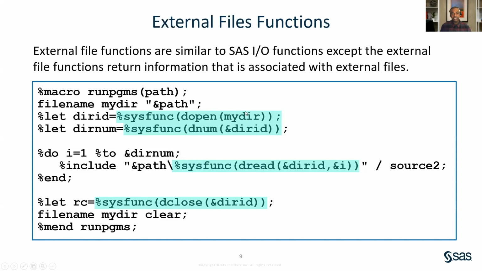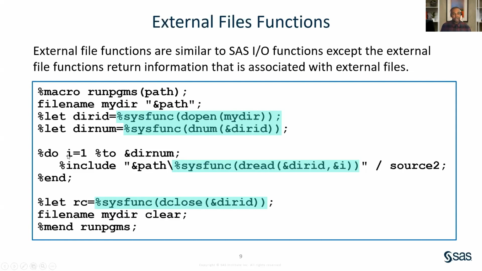And notice I'm just using a name without an ampersand in front of it with this dopen. Next, the directory number, dnum equals the %sysfunc. I'm invoking the dnum function against that directory ID, and it will count the number of members and assign it to dnum. Now I know how many I have.